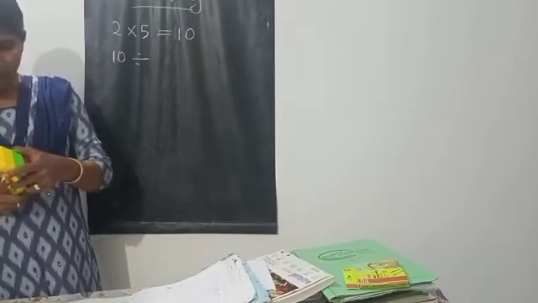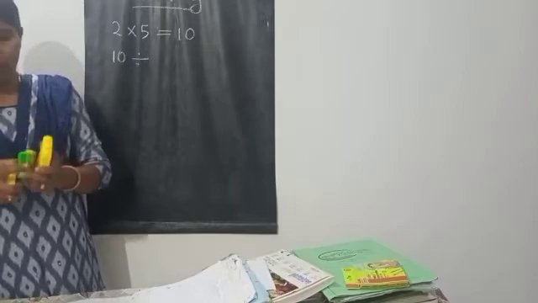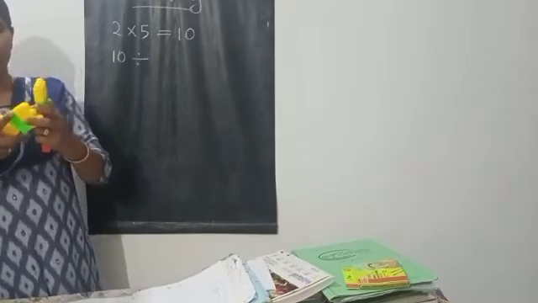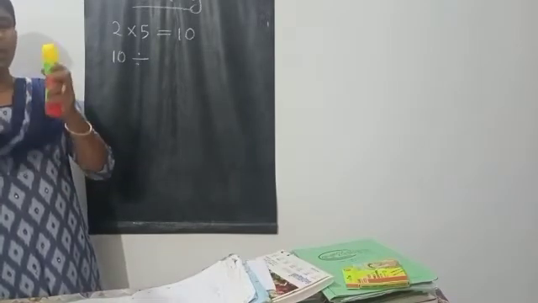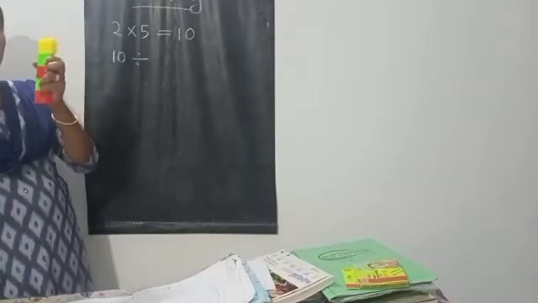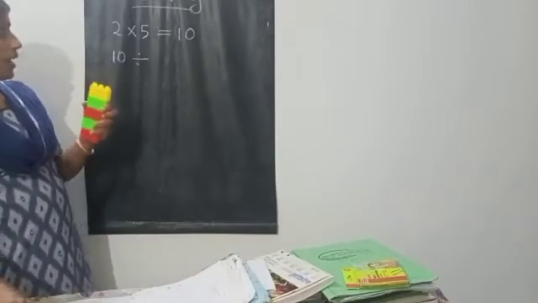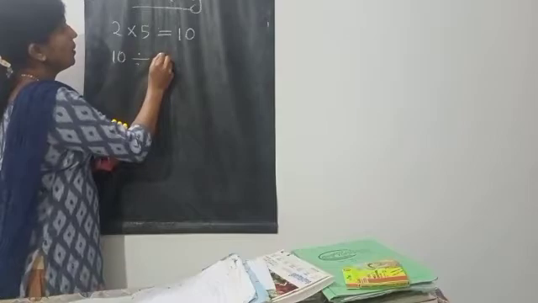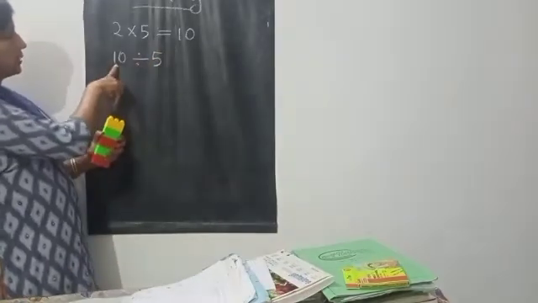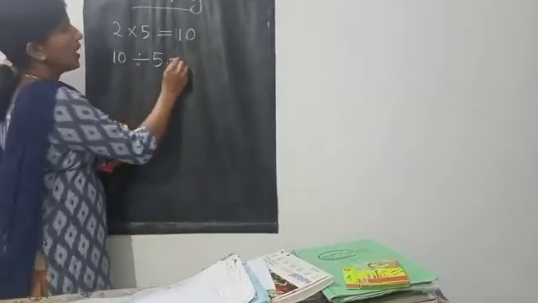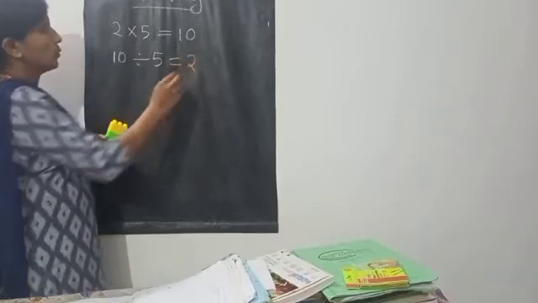I am dividing it into 5 each. In each set 5. Then how many sets have I made? I have made 2 sets. So we can say 10 divided by 5 is equal to 2.